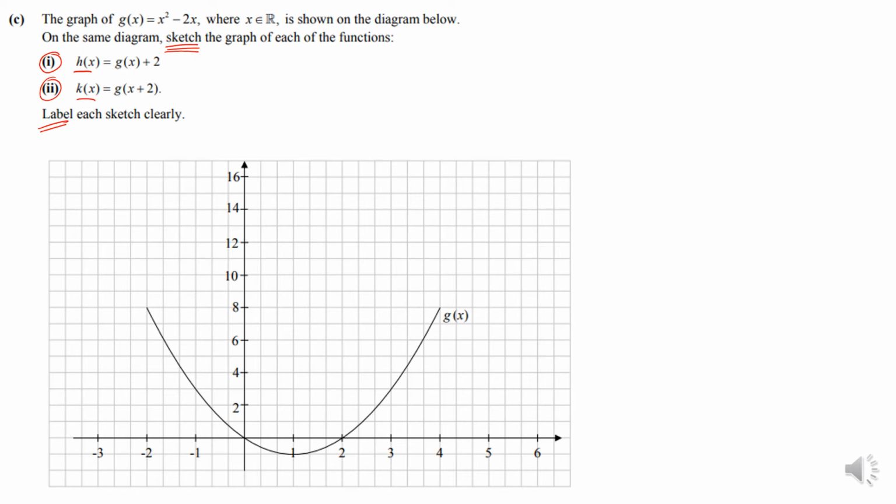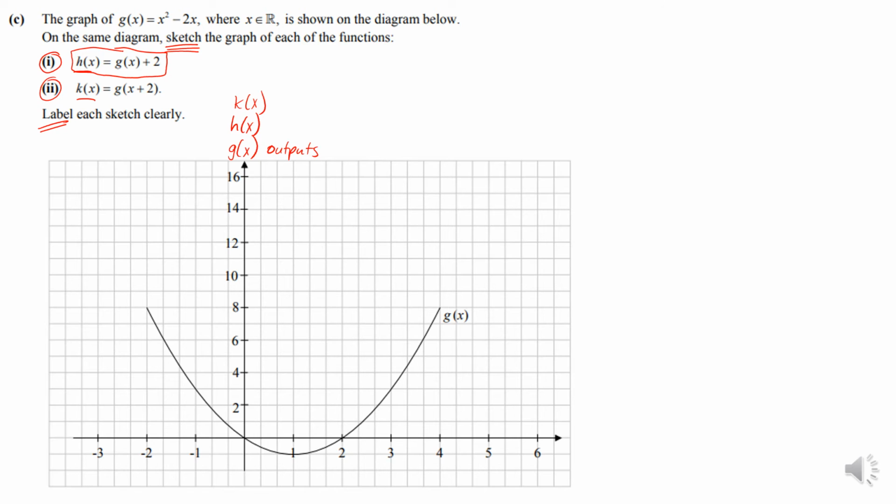Okay, so let's start with h of x. h of x equals g of x plus 2. Now remember what g of x is. It's the function, and it is those values that come back when you put different values of x into the function. Okay, they are outputs. Okay, and outputs go on the vertical axis up and down, and the outputs of h will go there as well, and k when we get there.